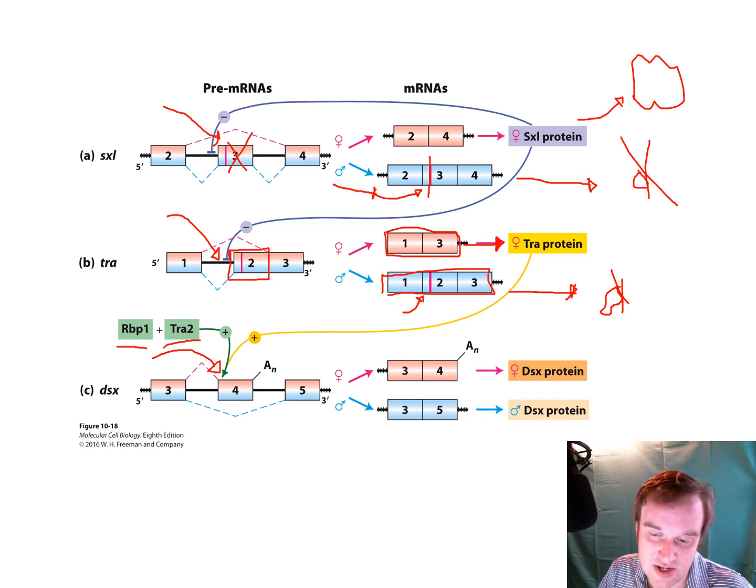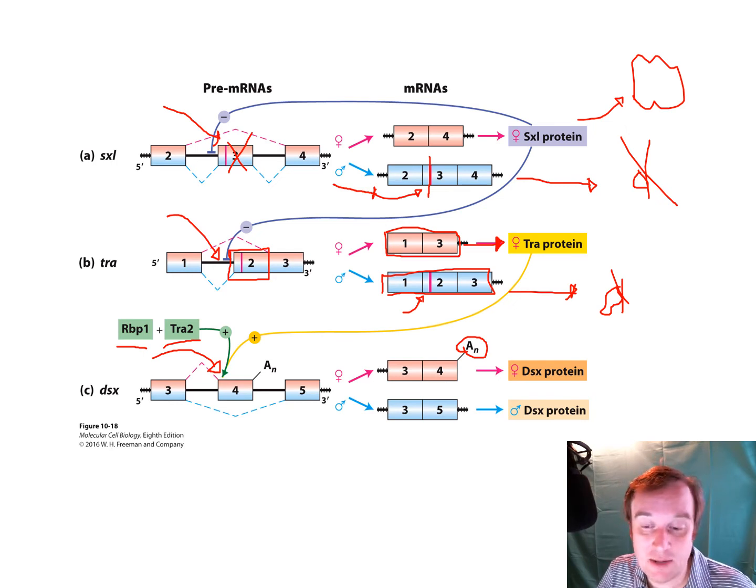And there can be any number of these repeats of this 4th exon, and the poly A tail on this 4th exon here. We had talked about that in a previous slide.